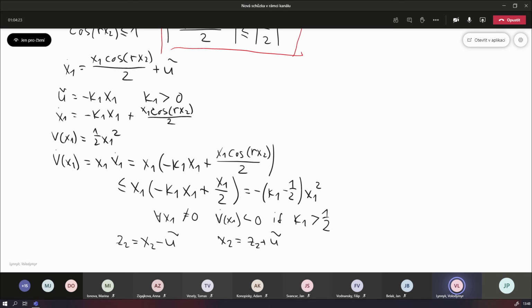We put this control u with wave, and z2 equal to x2 minus q1 x1, and it's equal to x2 plus q1 x1.